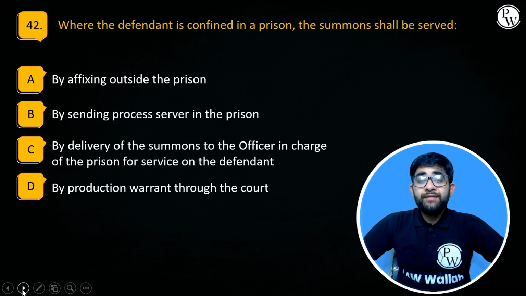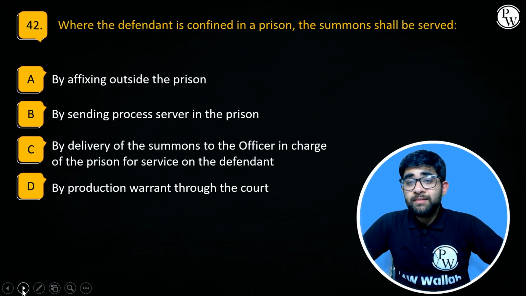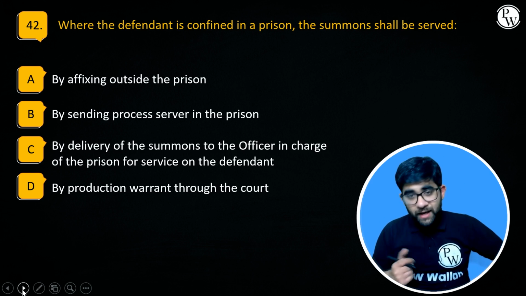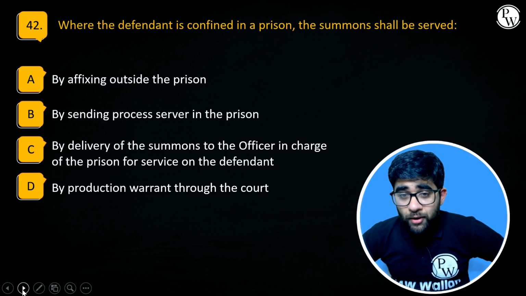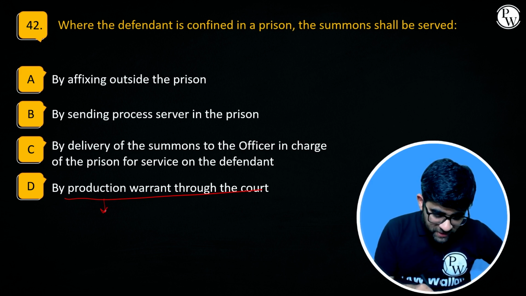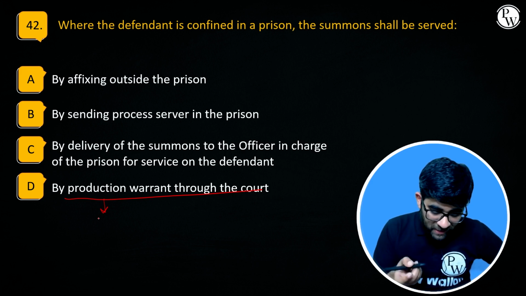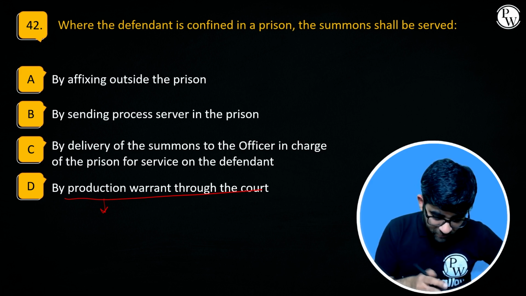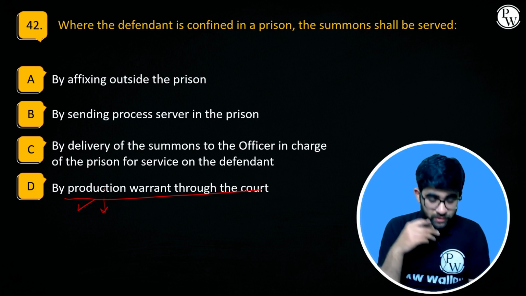42nd: where the defendant is confined in a prison, the summons shall be served by affixing outside the prison, by sending a process server in the prison, by delivery of the summons to the officer in charge of the prison for service on the defendant, and by production warrant through the court. See, the production warrant is for appearance in court. Unless it is served, he will not be there, and production warrant is mostly used in criminal cases.